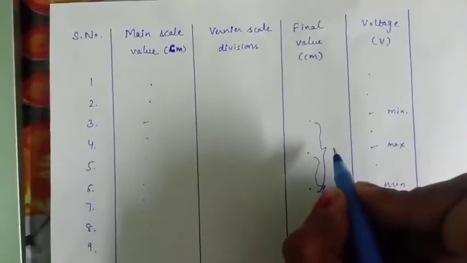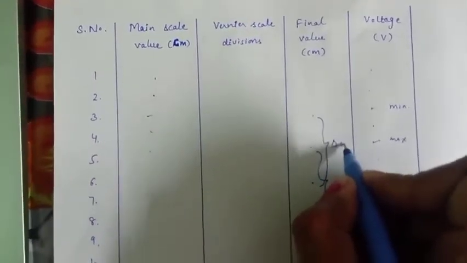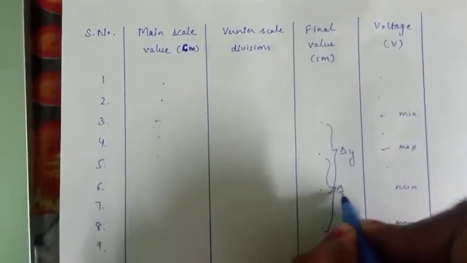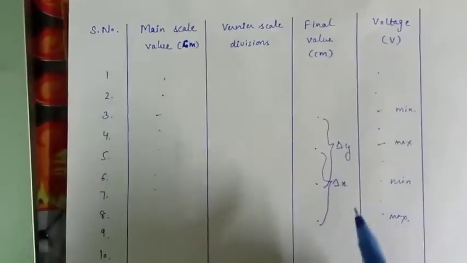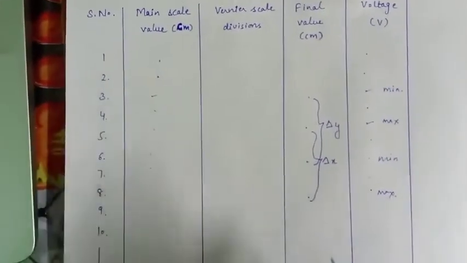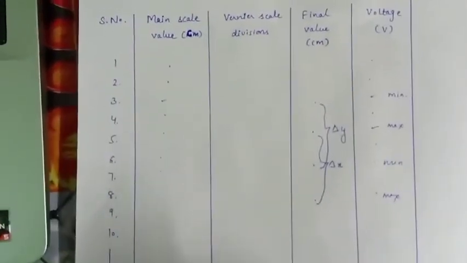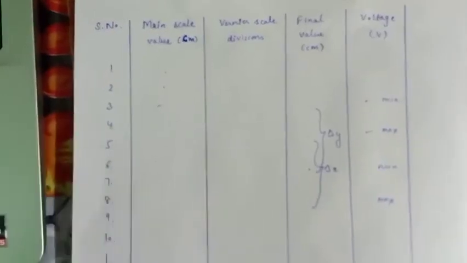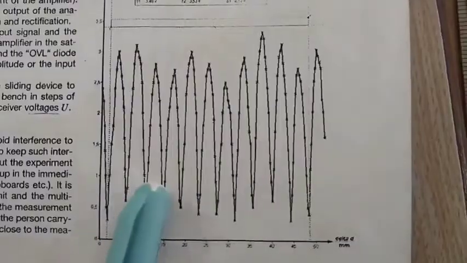Let us call this minima difference delta y and the maxima difference delta x. Proceeding in the same way, we will observe several values of delta y like delta y1, delta y2, and several values of delta x like delta x1, delta x2, and so on.